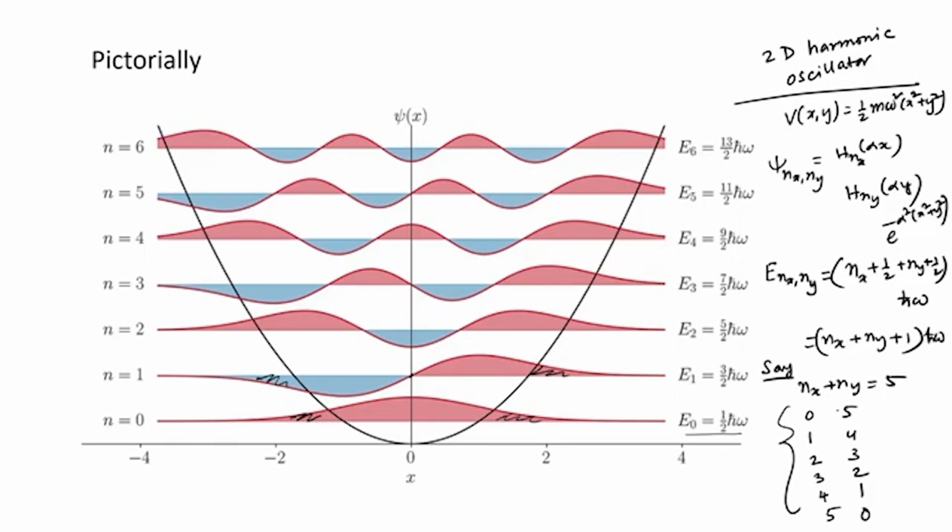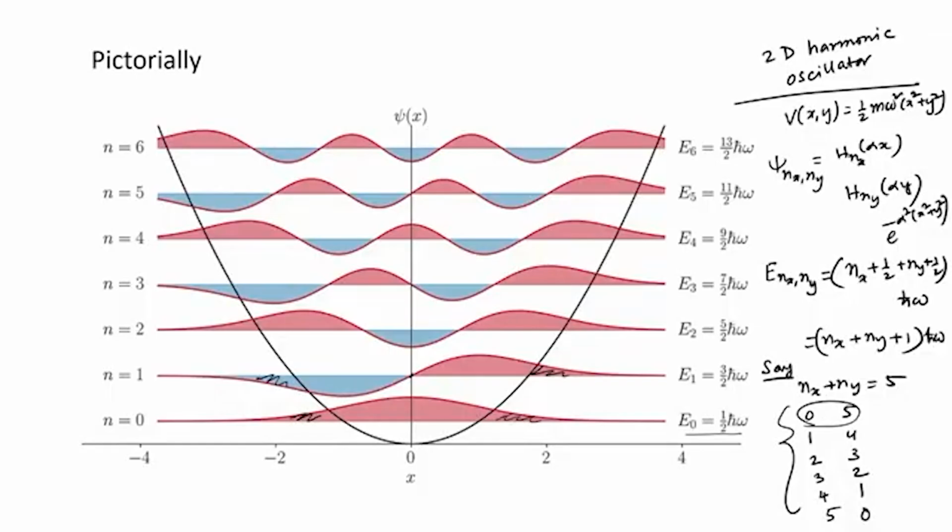Which means that all these states are degenerate in energy, they have the same energy, but they would not correspond to the same eigenfunction. So the notion of degeneracy is very important in larger than one dimension, where the energy of the particle, or the electron, or whatever you are considering, will remain the same for different values of their quantum numbers.